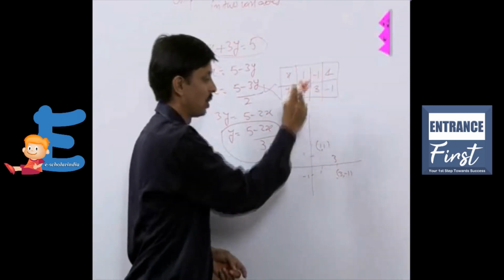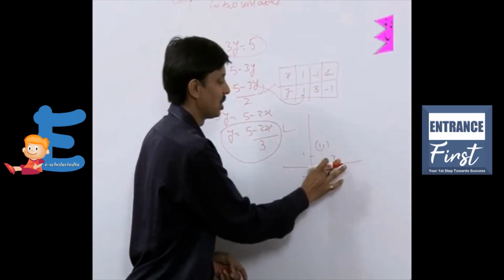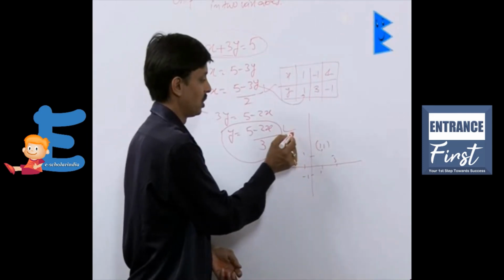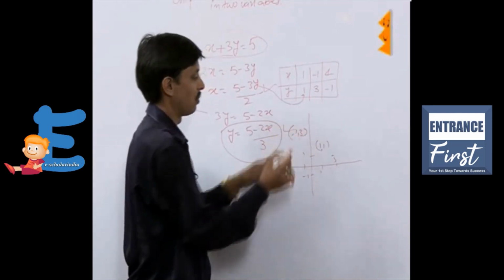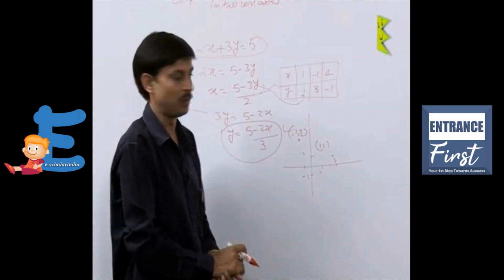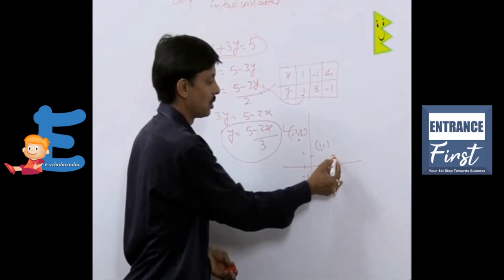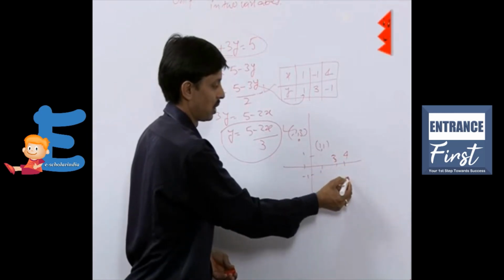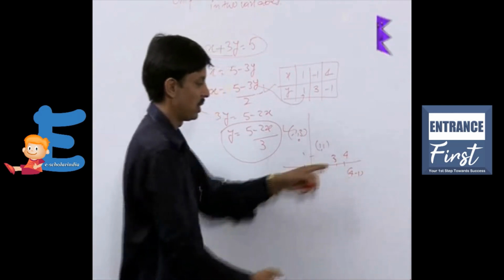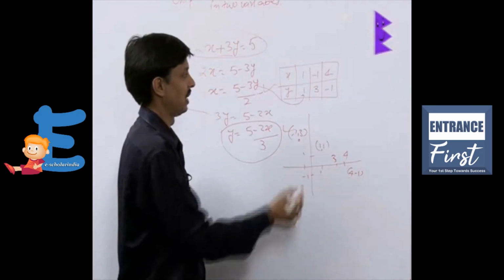Second is minus 1, 3. So we are changing this position from here to minus 1, and suppose this is 3, say this is minus 1, 3. I have swapped the values from the previous one. Then 4, minus 1: x is 4, y is minus 1.